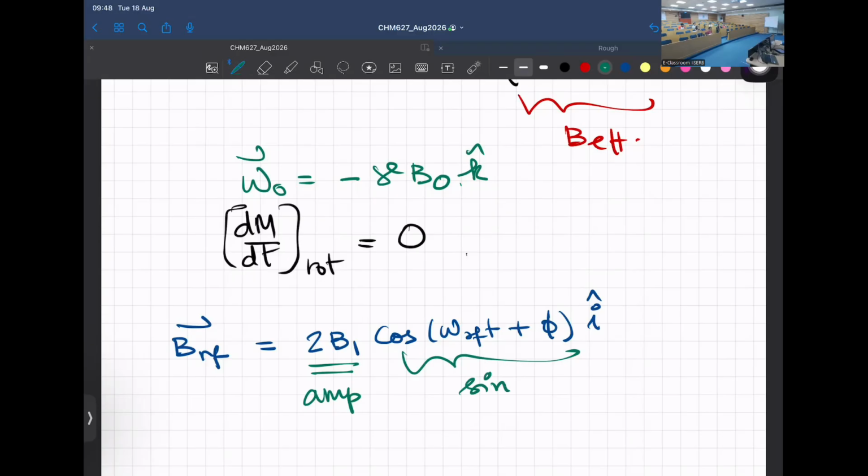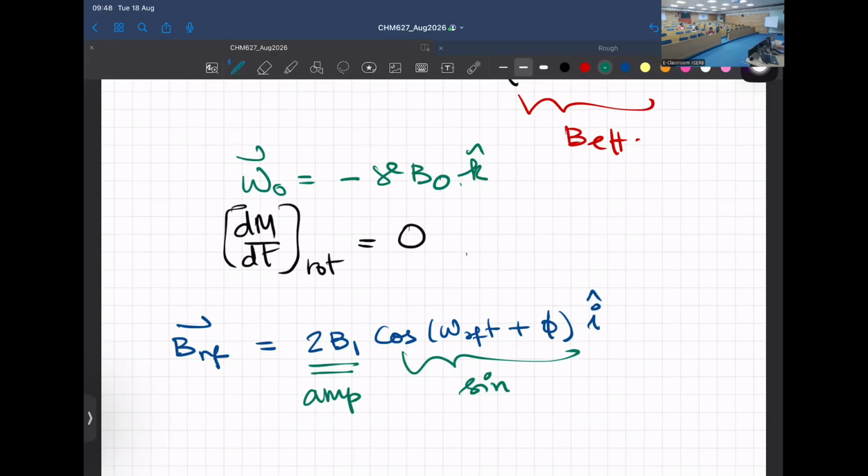Because that's how electromagnetic fields work. You have a magnetic and an electric component that are orthogonal to one another. Since you're only dealing with nuclear magnetic resonance or spin-half systems, do not worry about the electric component. You're going to only look at the magnetic component.